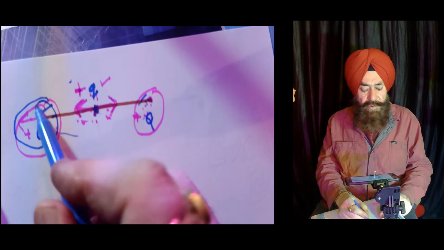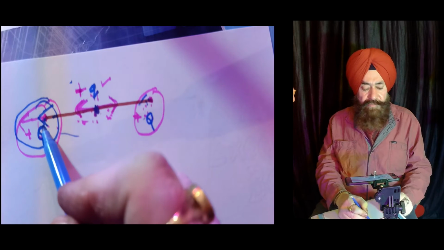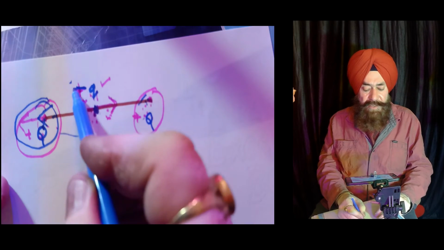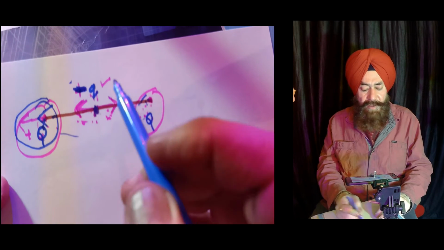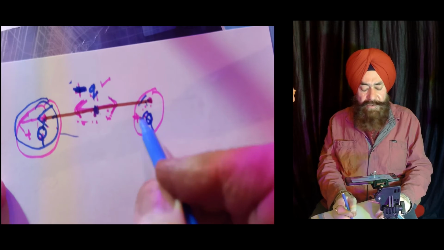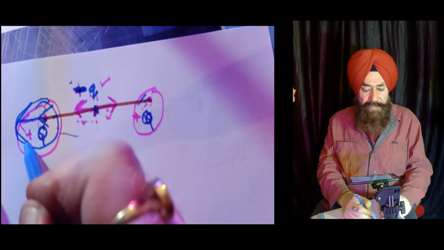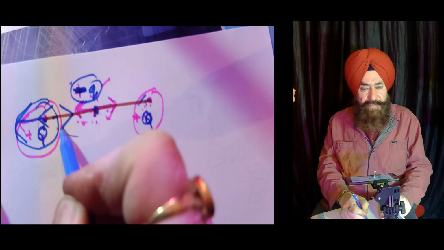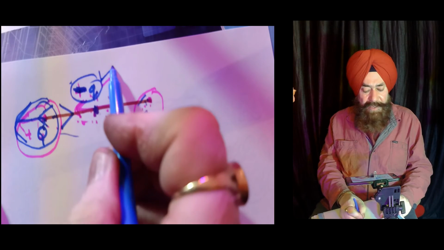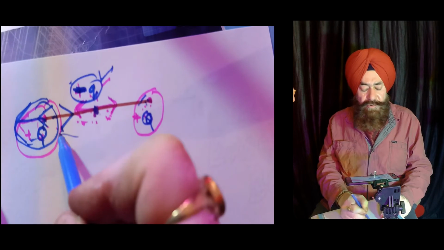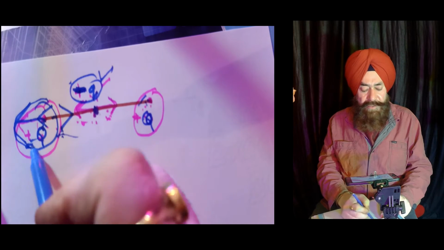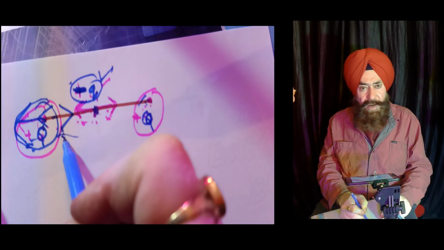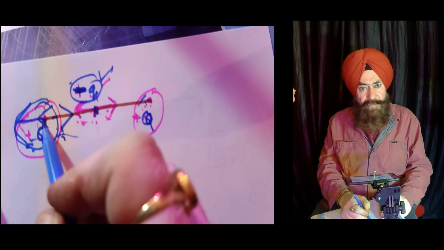So the total force will not be 0. Now, if this charge is negative, then this charge plus q will repel it along this side, and minus q will attract it along this side. And if its magnitude is such that the two forces become equal, the net force becomes 0.